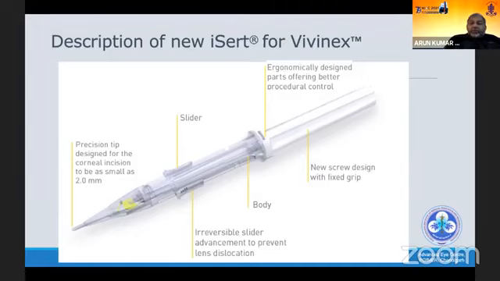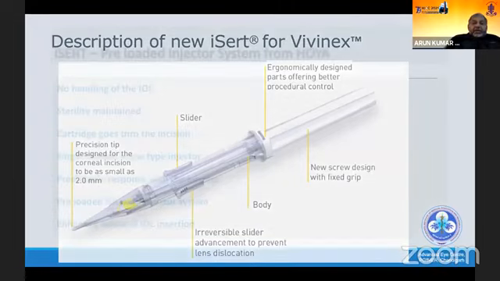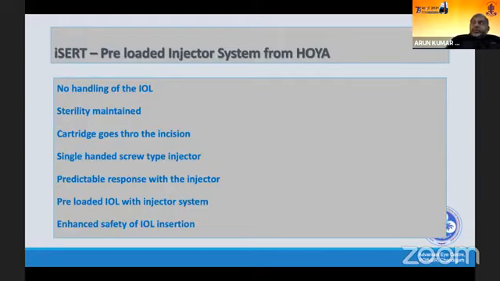The advantages of these preloaded cartridges are that there is no direct handling of the IOL, the sterility is maintained, and the cartridge goes through the 2.2 incision easily. It is a single-handed screw type of injector, and the injection is very predictable. Chances of endophthalmitis are much less as there is no contamination of the lens, and it has enhanced safety for IOL insertion.